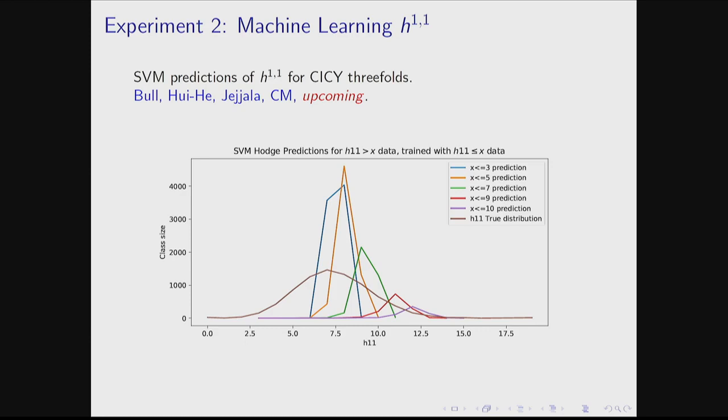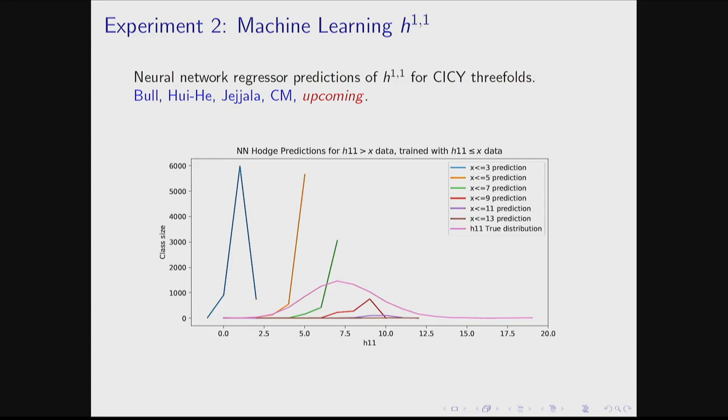So errors are expected to dip and then grow, which is exactly what we find. The neural network actually doesn't do as well. When you train it with H11 less than or equal to 3, it mostly predicts that anything new you throw at it has Hodge numbers less than 3.